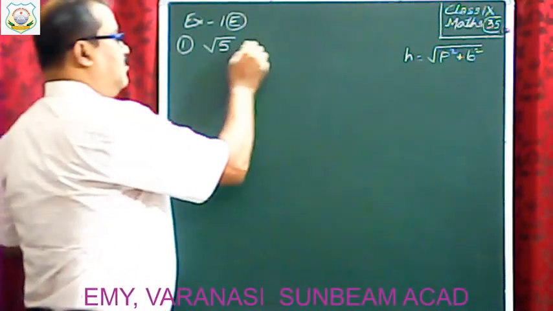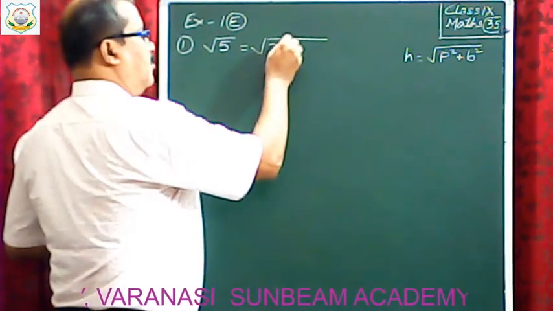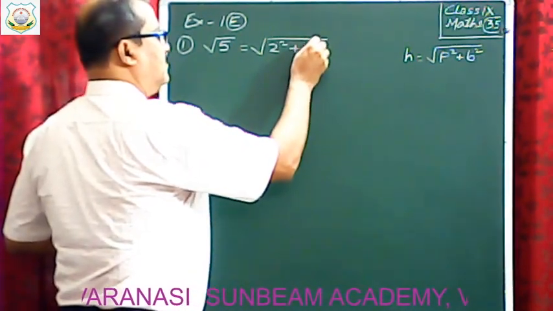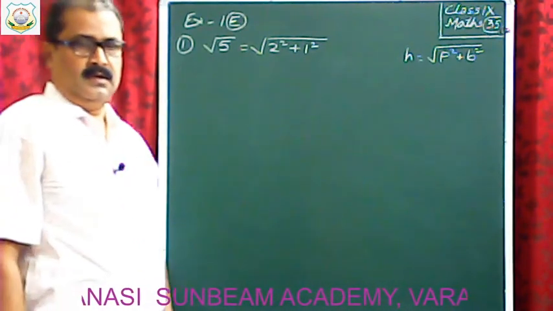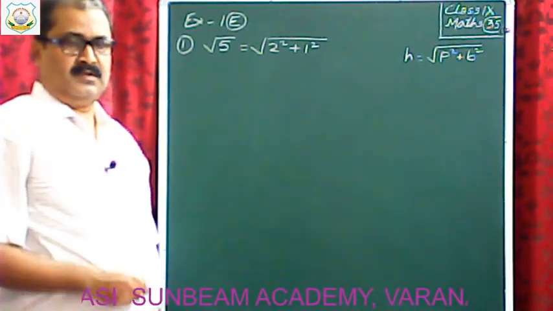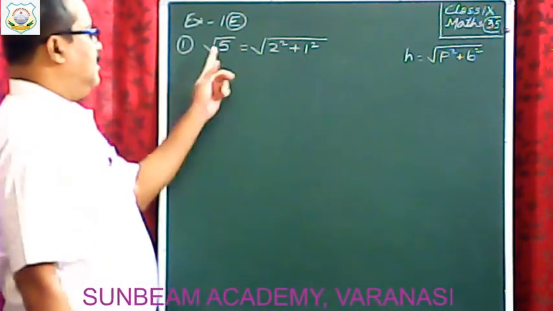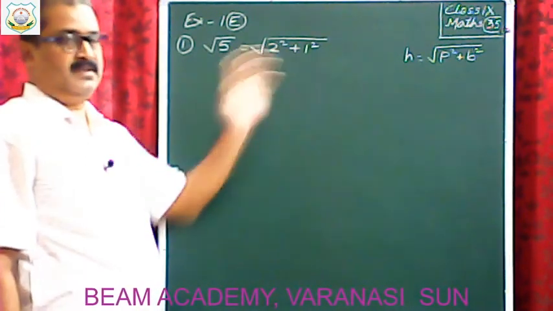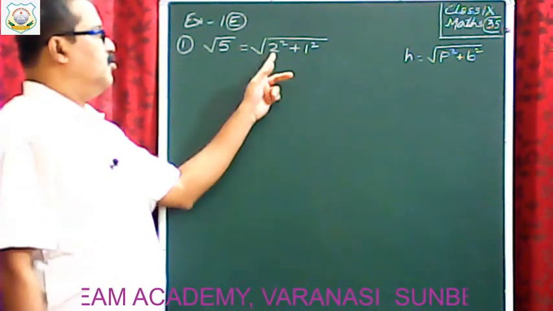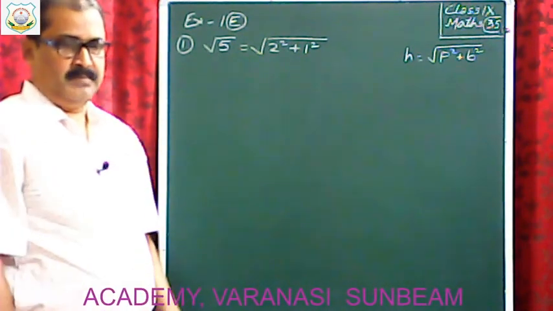To express square root 5 in the same manner, 2 square is 4, plus 1 square. As you know, we can apply Pythagoras theorem in a right triangle: hypotenuse equals square root of perpendicular square plus base square. So 2 square plus 1 square, any one is perpendicular and the other one is base.